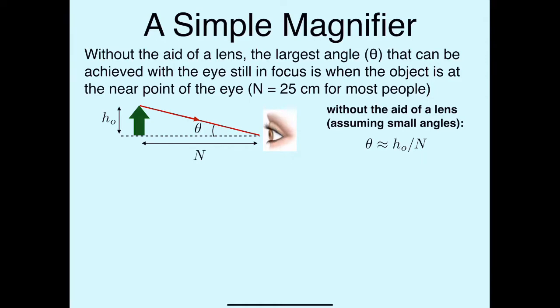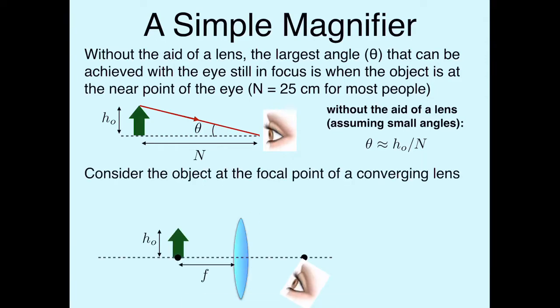Okay, so now let's see what happens when we add a lens to this picture. Specifically, this will be a converging lens. Now, we can put the lens any distance away from the object that we want. So for now, let's take the object to be at the focal point of our lens. In other words, the distance d0 between the lens and our object is the same as the focal length f.